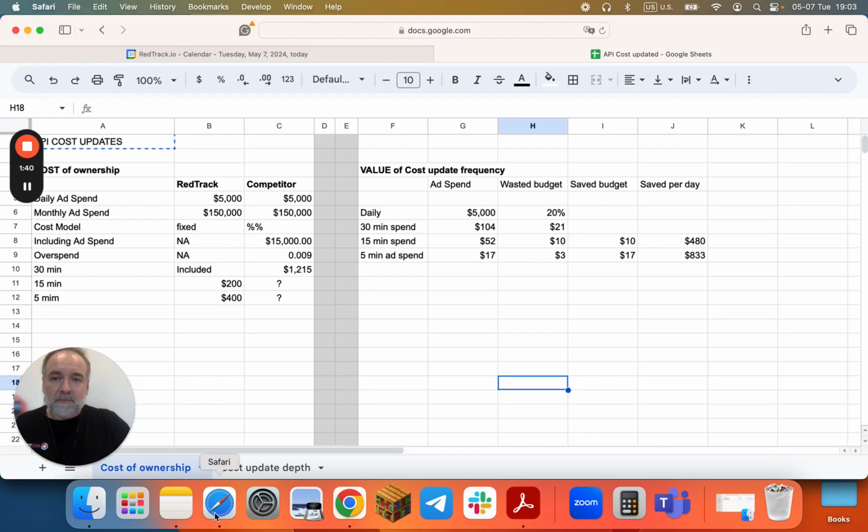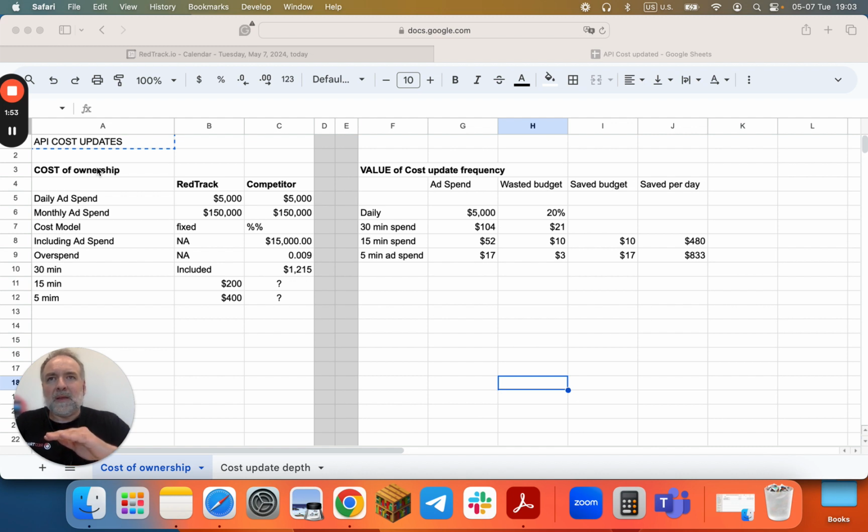Let's jump into it. First, let's consider the cost of ownership of API cost updates, and we'll take a baseline scenario for a media buying team that is not huge, but sufficiently large, with a daily ad spend of 5K.